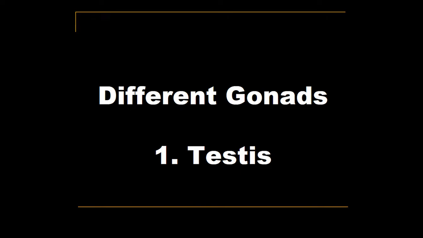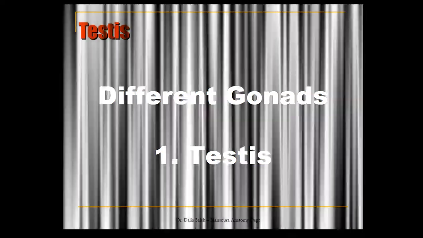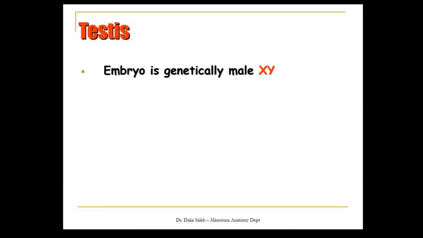Okay, now how do the gonads differentiate into testis or ovary? Let's start first with the testes. So the embryo is genetically male, meaning that he has XY chromosomes.